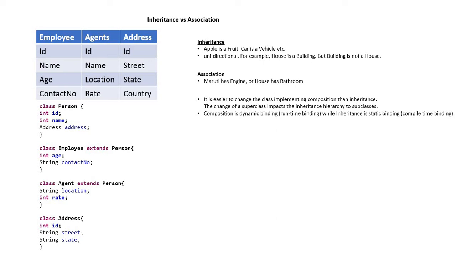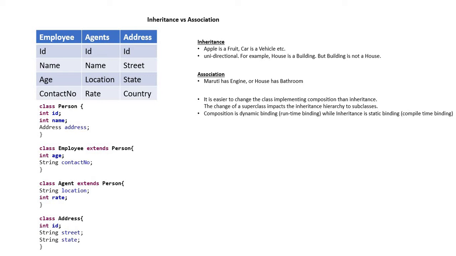So that is one thing you need to take care of when you're going for inheritance. But on the other side, with association, you don't need to take care, because what you are using is just a reference, right? Using that reference you can access any number of methods or properties of address, right?